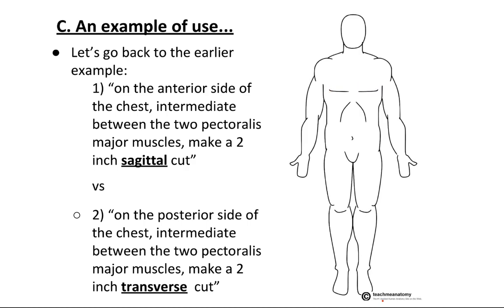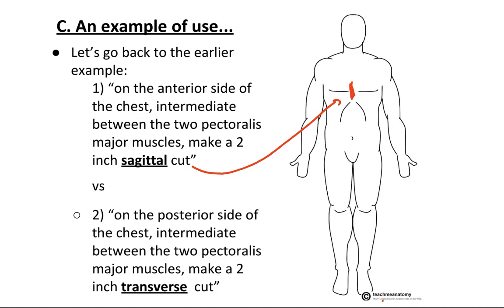Now, between the left and right pec, a 2-inch sagittal cut would actually be here. In fact, that's a mid-sagittal cut because it's right between the two pecs. So that'd be a sagittal cut because it's separating left from right.